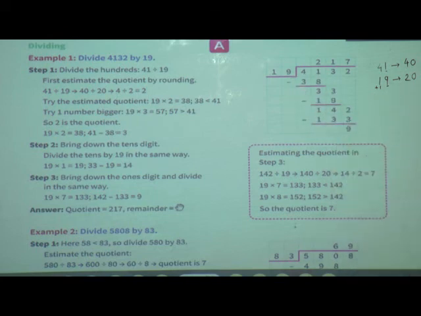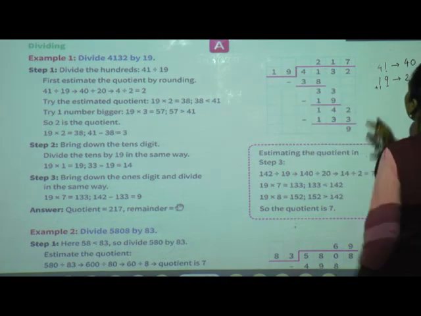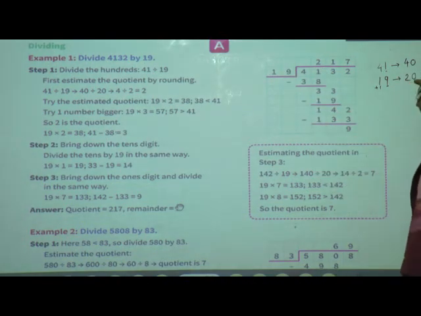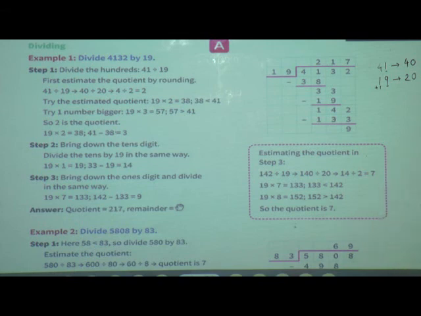Now try this estimated quotient with these numbers. How can we do it? Now see. What you have to do? Close this, close this. What we have done here? 20 and 40. This is rounding, estimating the number nearest to that. Now you can see, if we close these two numbers, how many times does 2 go into 4? 2 times, isn't it?